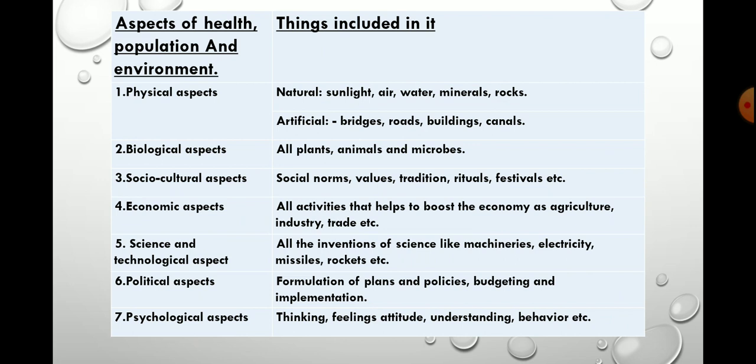For example, sunlight, air, water, minerals, rocks, etc. come under which aspect of health, population and environment? There will be the options physical, biological, socio-cultural and economic. So which one do we have to tick? Yes, of course, physical. These things are really important. You just go through this; I guess 2 or 3 MCQs may come from here. I'm not explaining everything over here, so let me go forward, but don't forget to read this.